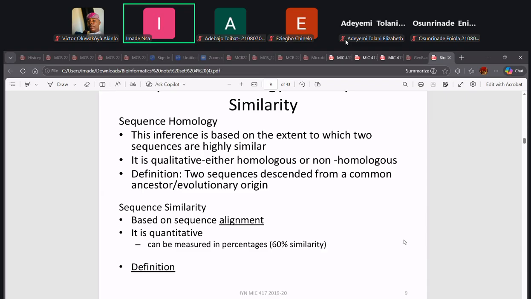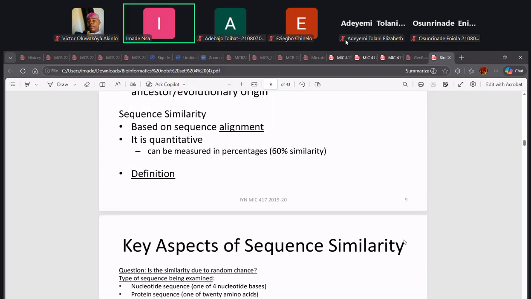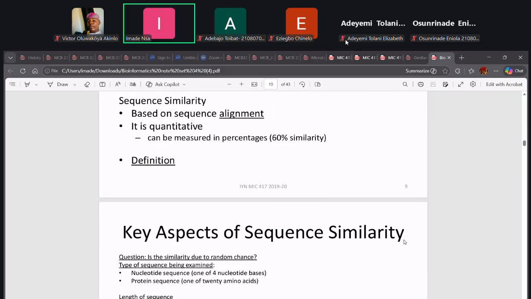So that's the qualitative part. The quantitative part, we can actually measure it. You actually see there's a number for it. When you download your BLAST data, you see that these are noted in percentages.